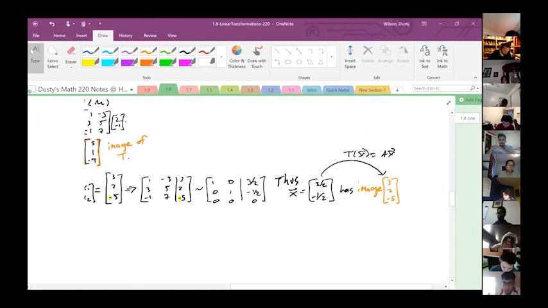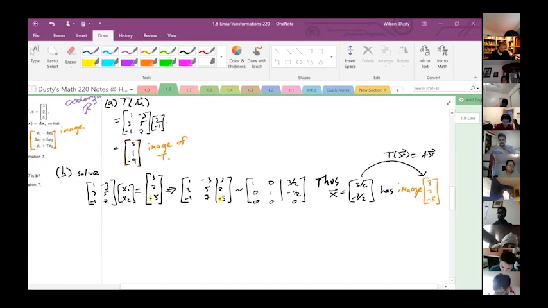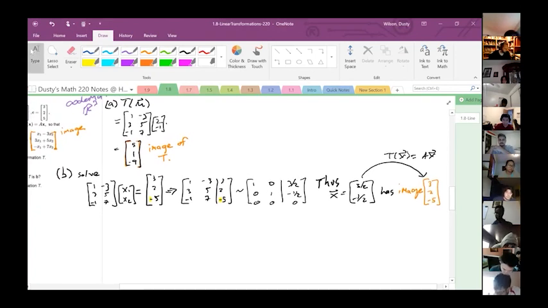Okay. So C is really similar. C sort of builds on this, and it says, could there be more than one answer?